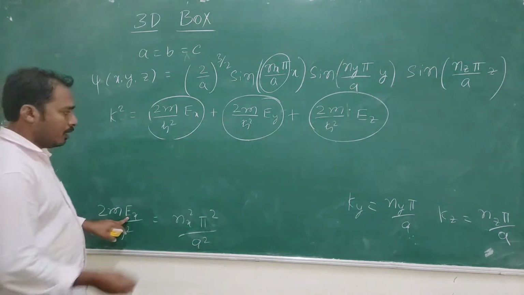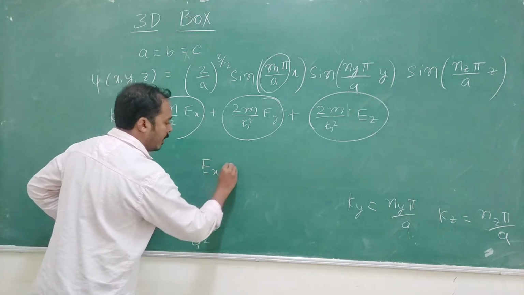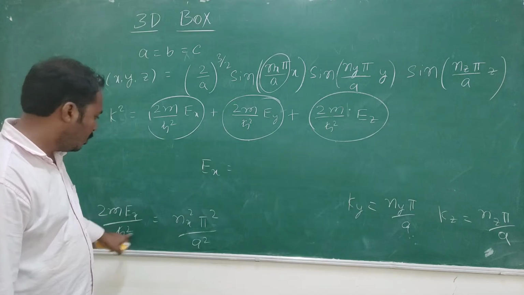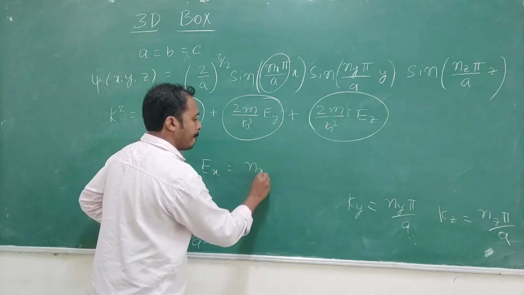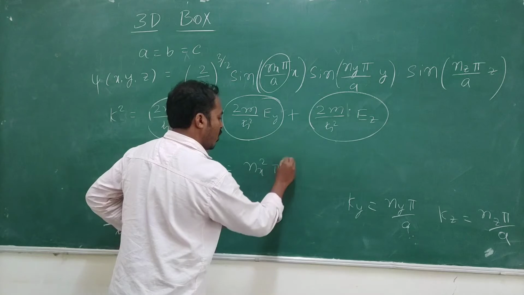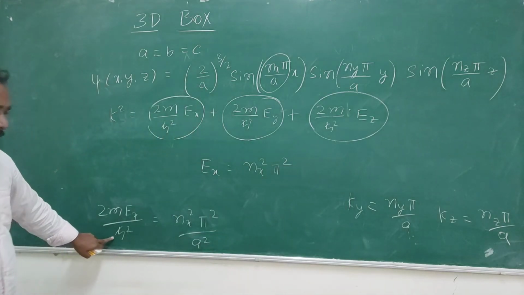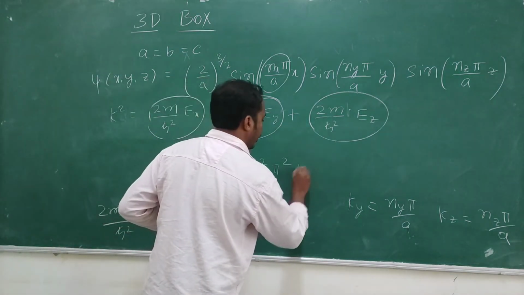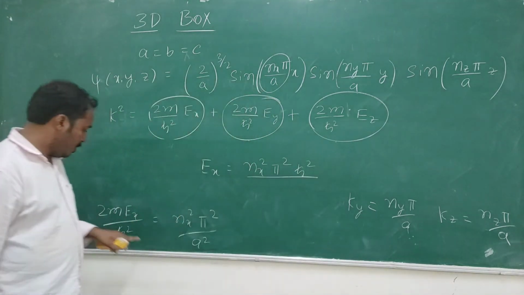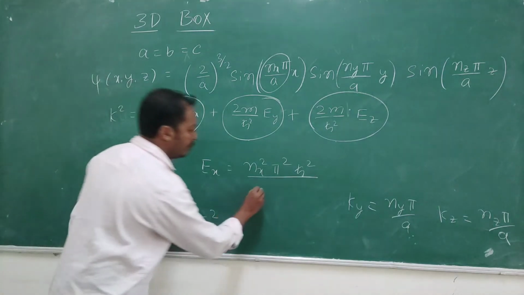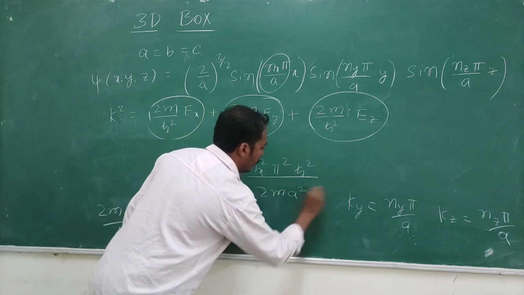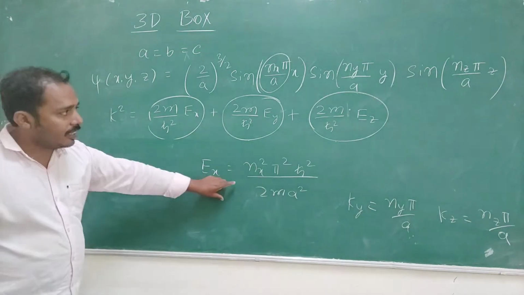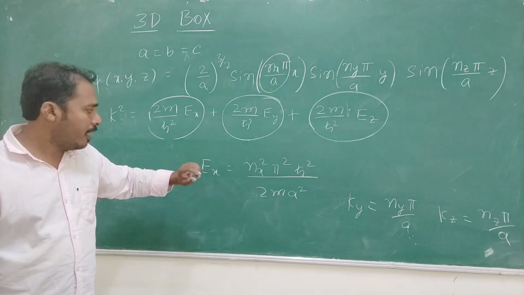Next, Ex, the energy along the x direction. Ex is equal to nx square pi square h cross square divided by 2m a square. So this is the energy along the x direction.